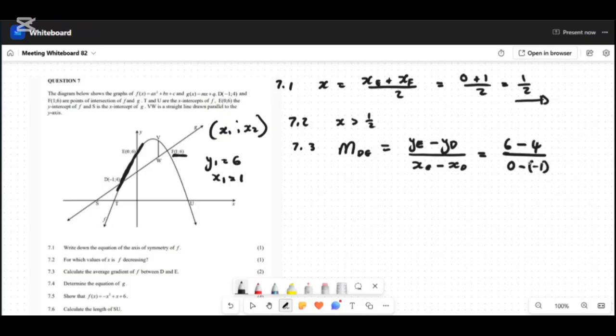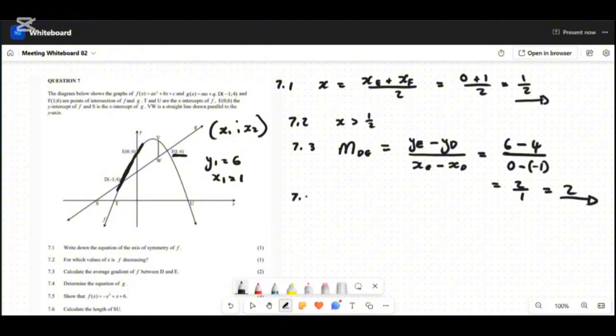And this is actually going to be 2 over 1, because 6 minus 4 is 2. So your gradient is actually 2. And if you look at this, my gradient is a positive value, just as I said. By just looking at the average gradient they wanted, I was able to conclude what type of answer I should get.